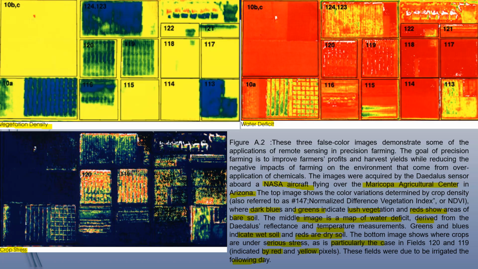Similarly for the green region, the density is higher, and for the rest the density is low. And the second figure is representing the water deficit. In the red region there is a lot of water deficit, but in the yellow and green regions there is some water in the field.